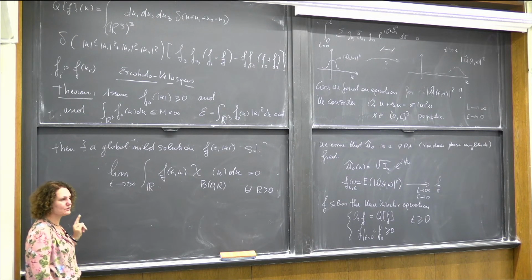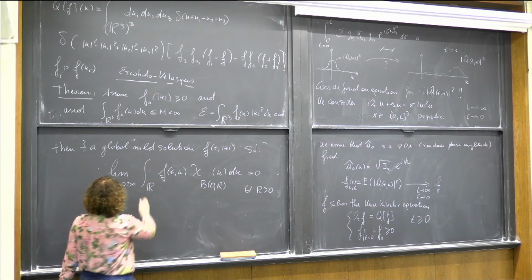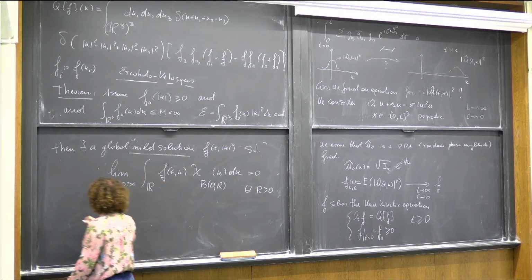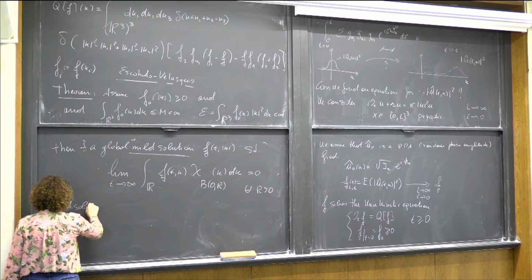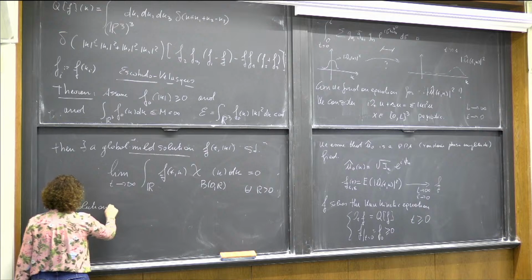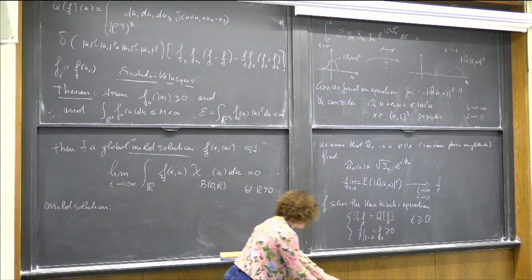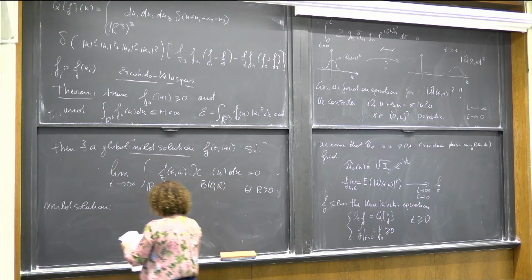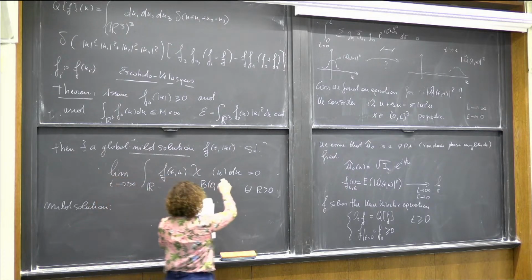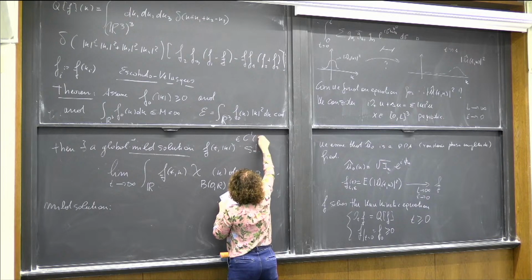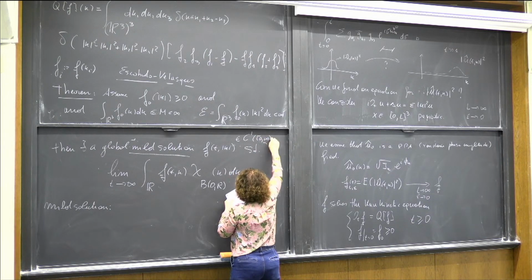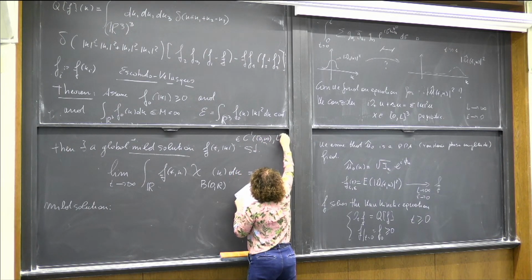Now, I didn't tell you what solution means. So what is a mild solution? Mild solution means that the following happens. I didn't say where this lives, just for completeness. This is C1 from 0 to infinity in time into L1.